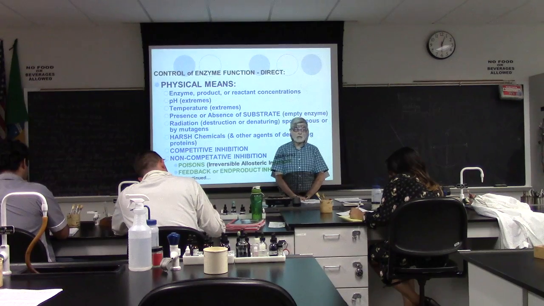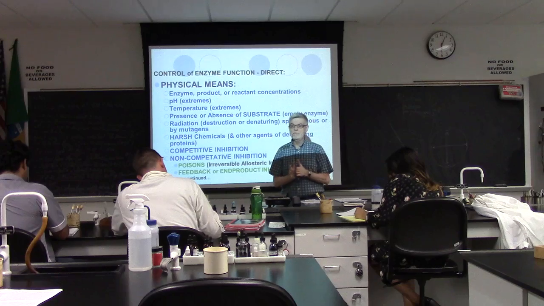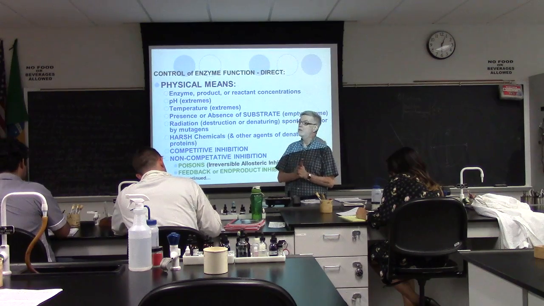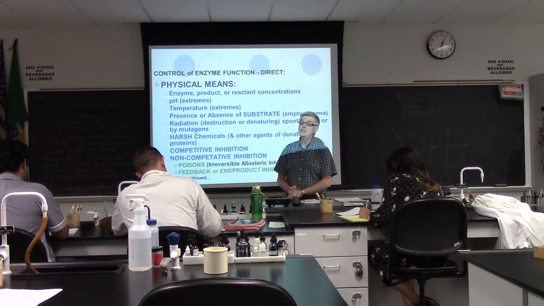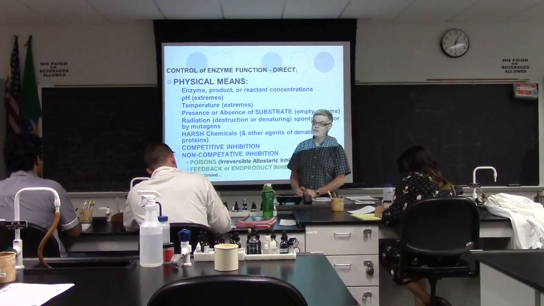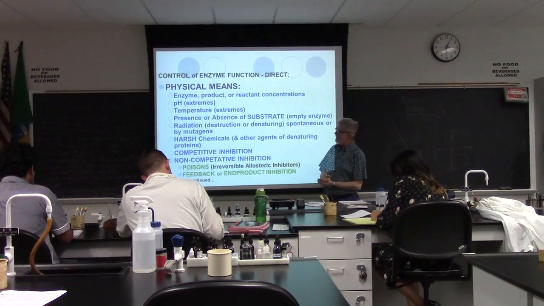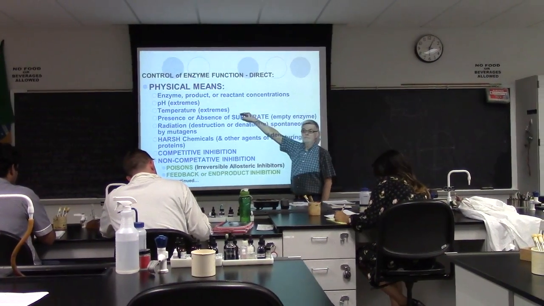They lose their shape. But pH is the only one where if you quickly move it back to neutral, it will refold into the correct shape and still function without any damage. And that's called renaturation.